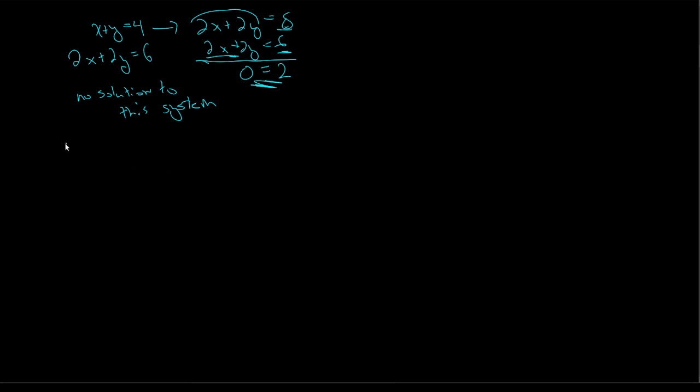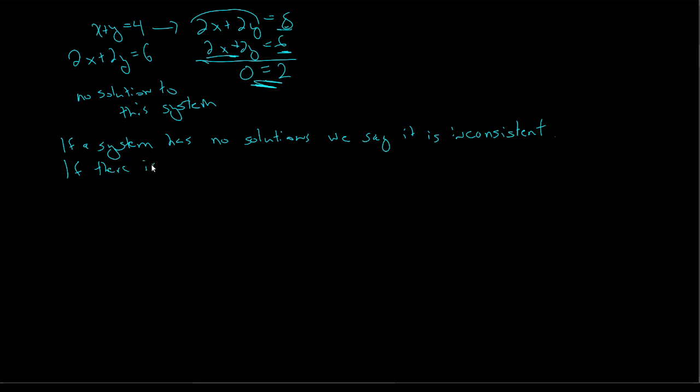And so if a system has no solutions, we say it is inconsistent. If there is at least one solution, we say it is consistent.